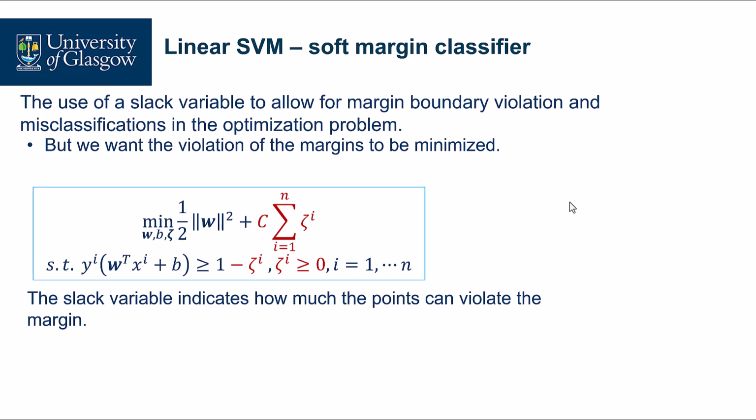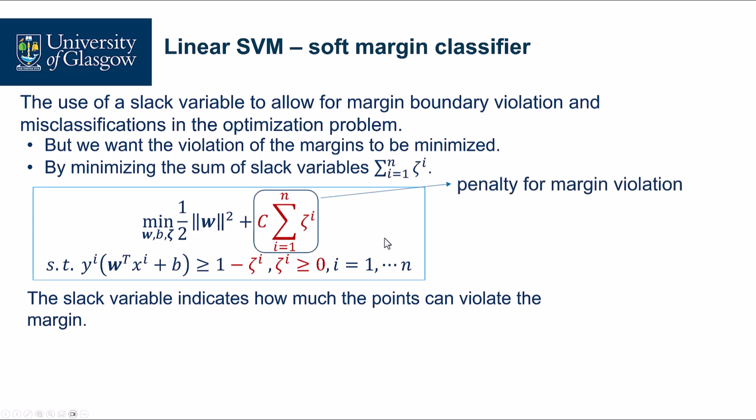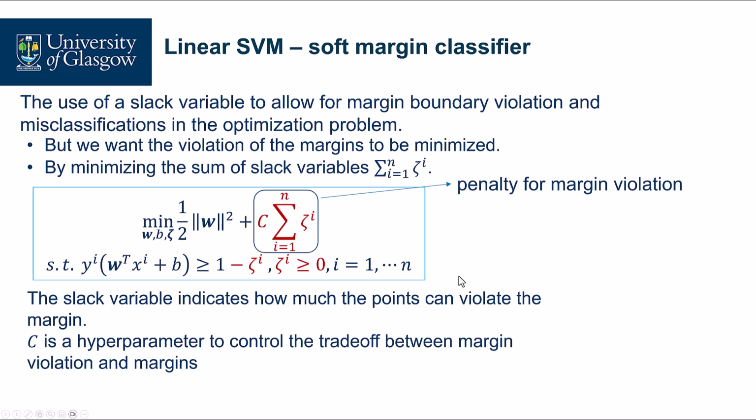Because of this, we minimize the sum of the slack variables. We can see this is here, to minimize the sum of them. So we call this term the penalty for margin violation. There is a variable C. This is a constant here, C. This C is a hyperparameter whose goal is to control the trade-off between this term and this term.